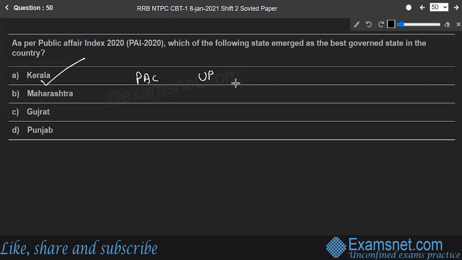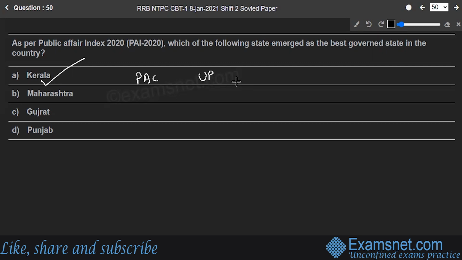Four southern states, Kerala, Tamil Nadu, Andhra Pradesh, Karnataka, top the list of 18 large states with a population of more than 2 crores. Uttar Pradesh, Odisha, Bihar were at the bottom of the rankings, scoring negative points in the category.